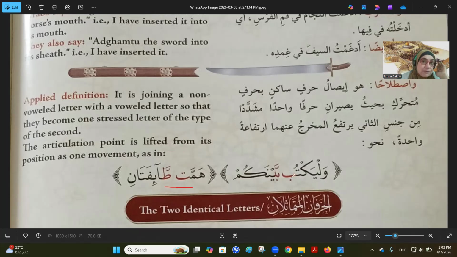So the sign of the full merging or idgham kamil in the Quranic script is that the first letter will have no sukun, and the following letter has shadda. Here and here, there is shadda. So this is the sign of the full merging.